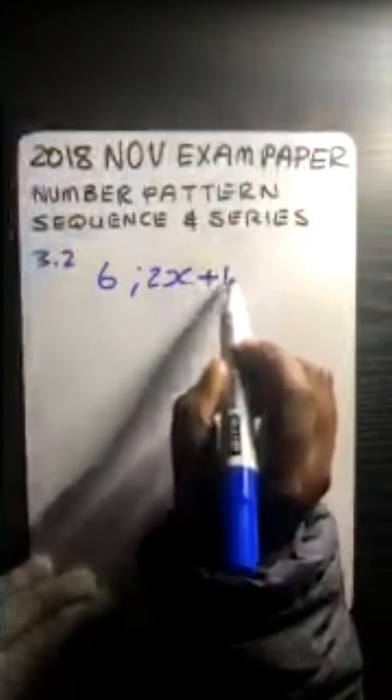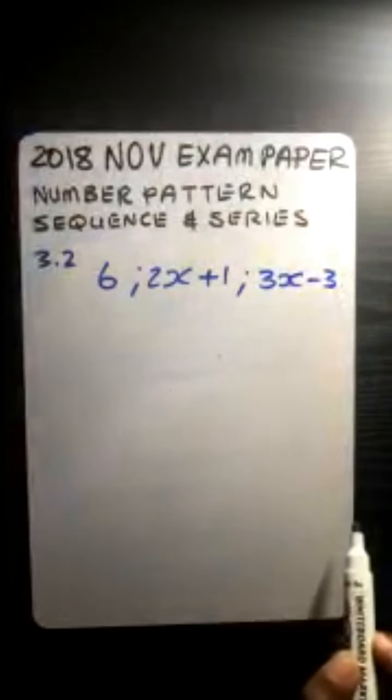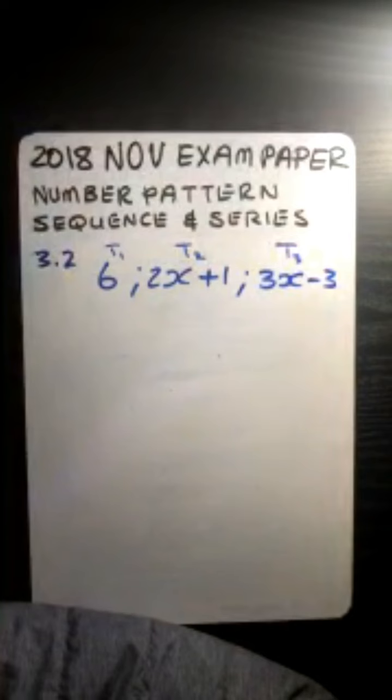So let's see, what are we having there? Plus 1, and we have 3x minus 3. And they state these are the 3 terms. So this is term 1, this is term 2, this is term 3 of a linear number pattern. Guys, what do we know about a linear number pattern?